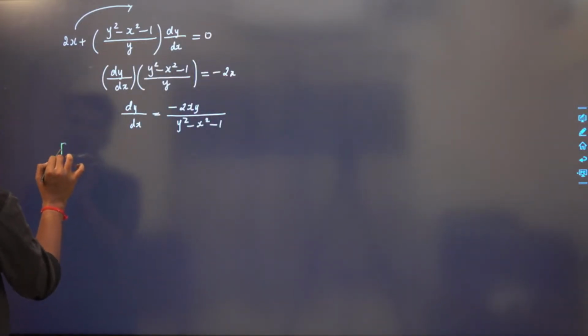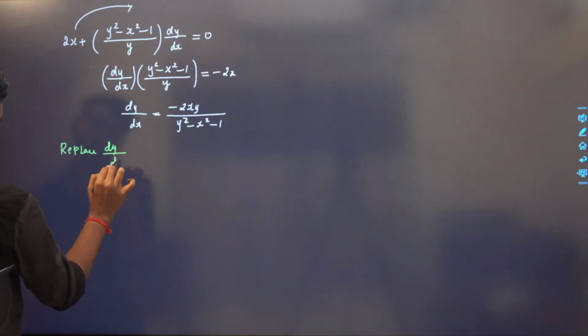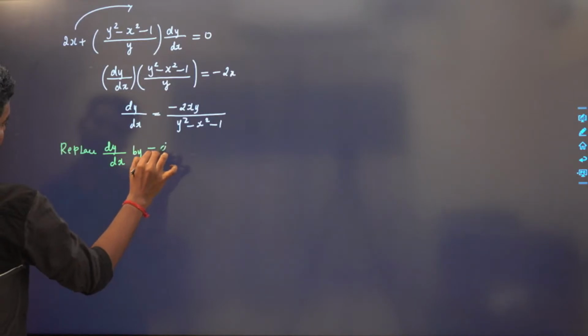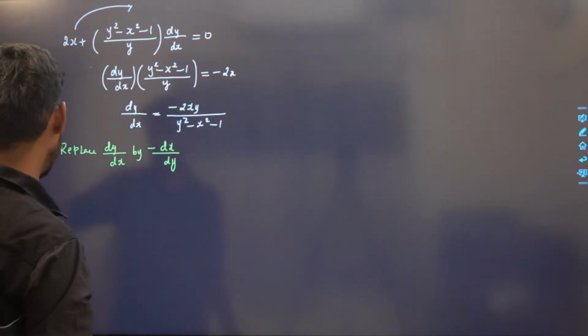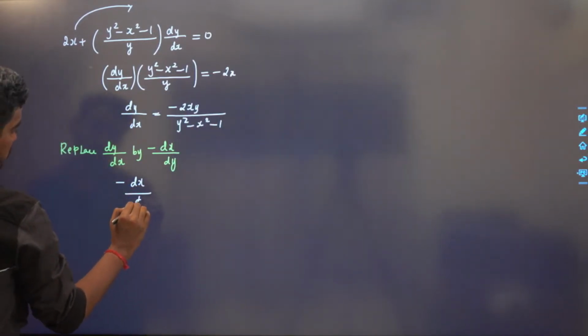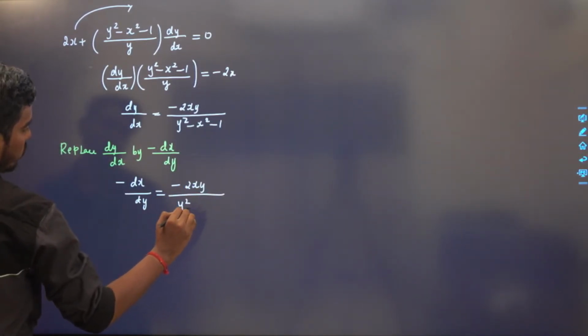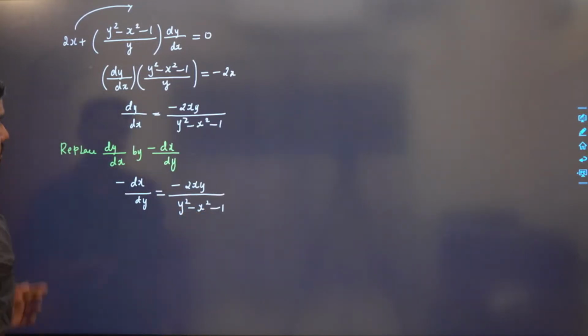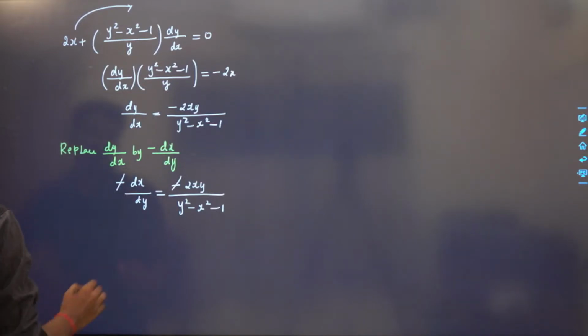Now replace dy by dx by minus dx by dy. So we will have minus dx by dy equal to minus 2xy divided by y square minus x square minus 1, right? This minus minus will get cancelled.